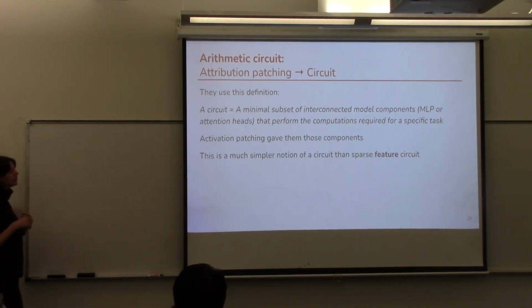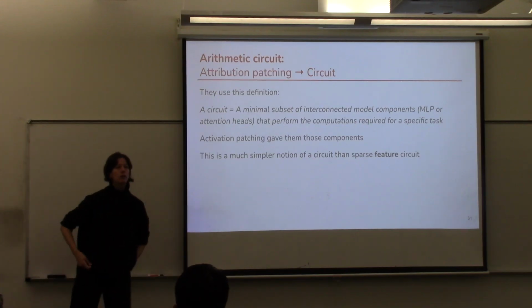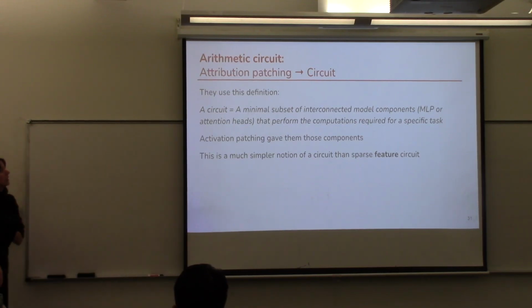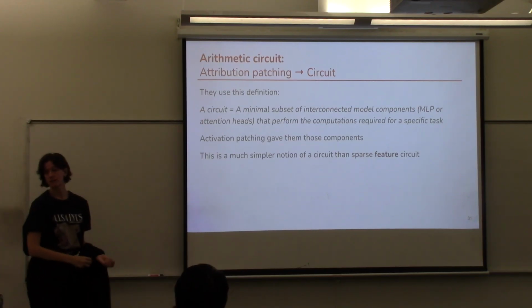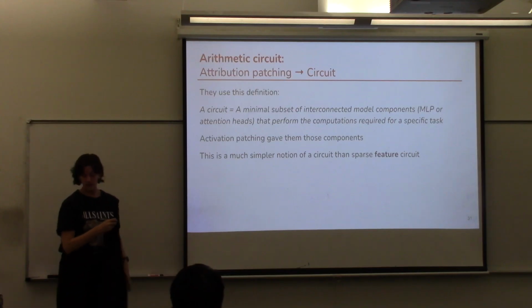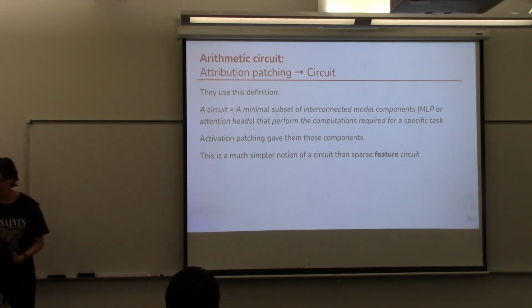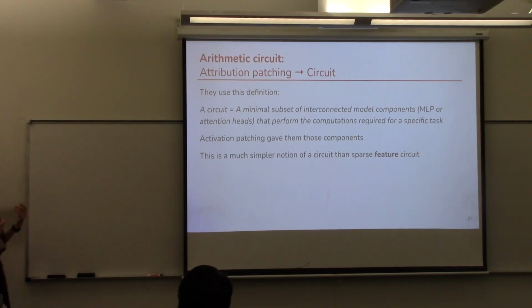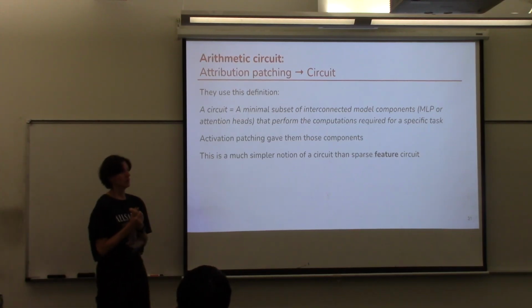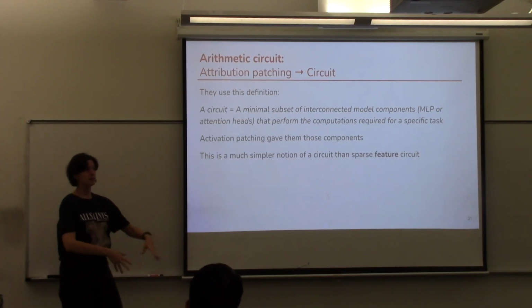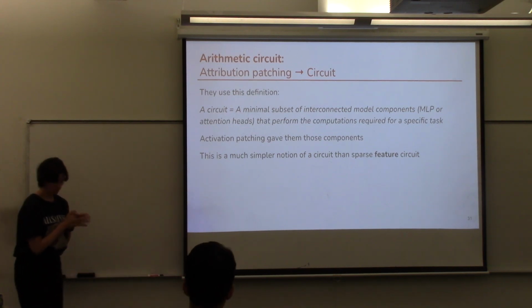And then we come to something that can be quite confusing given that we have learned sparse feature circuits, and that's the idea that patching is now giving us a circuit. If you're confused about how we now got the circuit, thinking about sparse feature circuits, you should keep in mind that they're using a whole different notion of what the circuit is.